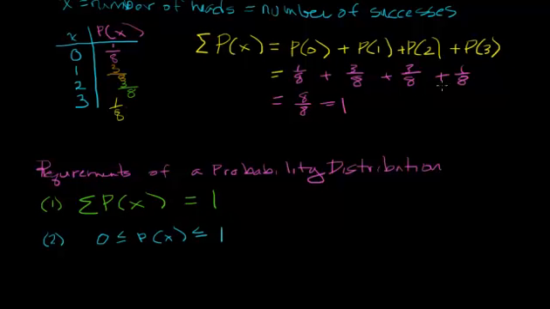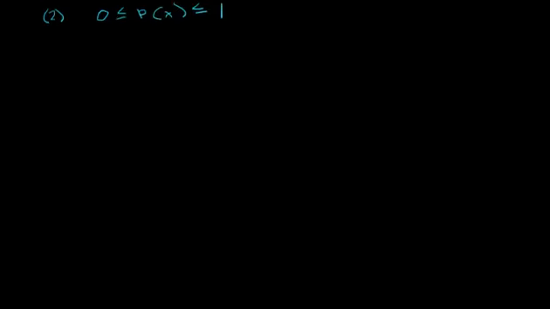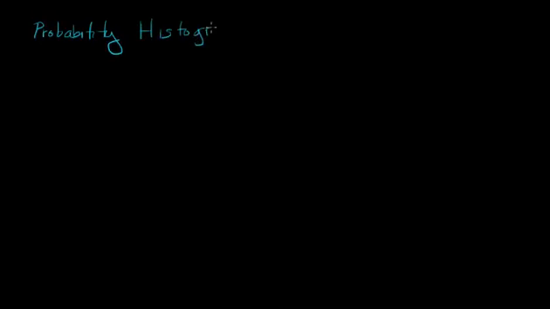Okay, so we can actually graph these probability distributions in a probability histogram. So let's do that. Okay, so we're going to create a probability histogram. And in a probability histogram, the horizontal axis are the random variable values.